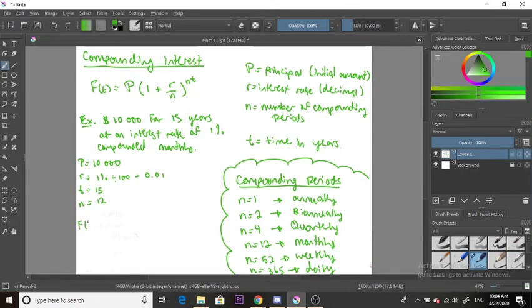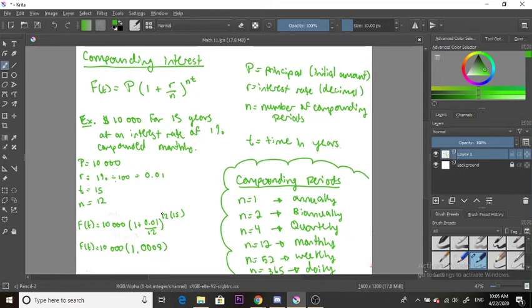So let us plug everything in. Divide this and then add it to 1. So 0.01 divided by 12 plus 1 is going to be equal to 1.0008.